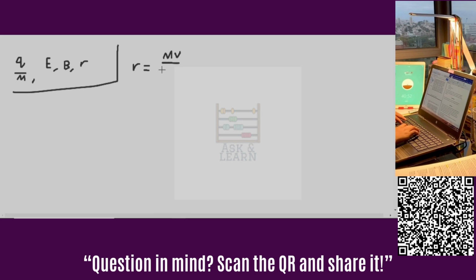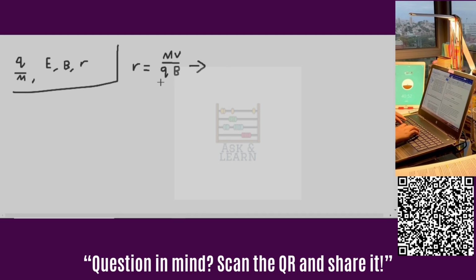So this is the radius in a magnetic field, which is good because what we're given in the problem is when the electric field is shut off, all we're left with is the magnetic field. So we have R and we have B. This is what we want, and that's in the problem. So let's go ahead and solve for that first. That'll help us see what direction we need to go in.